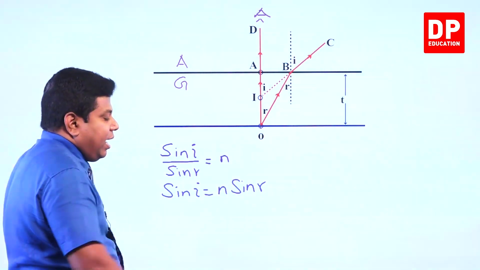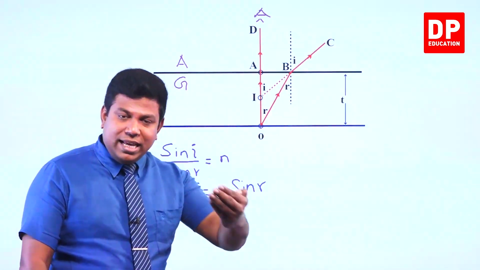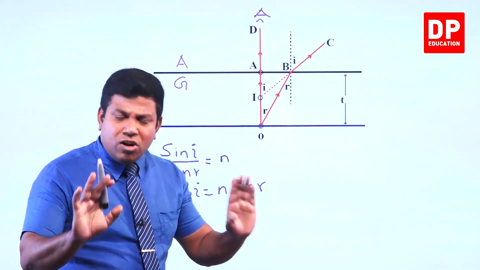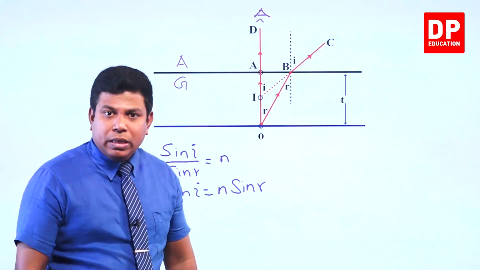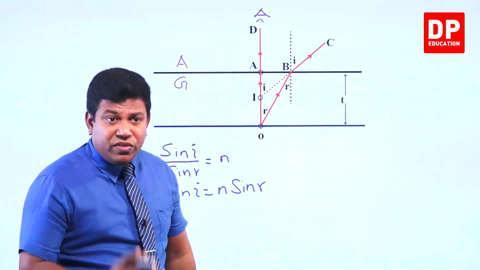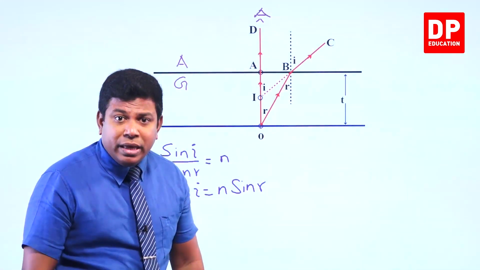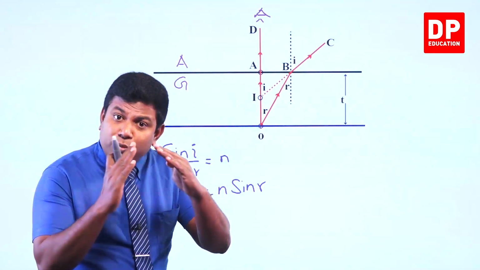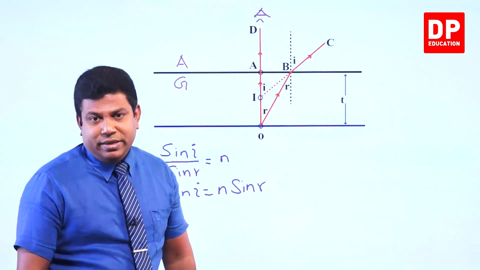What is I and R? I is the angle of incidence, R is the refraction angle. We studied that in theory. We have done a lot of questions also on that. Now, how do we measure I? At the point of incidence, we draw a normal. The angle the incident ray makes with the normal is the angle of incidence.